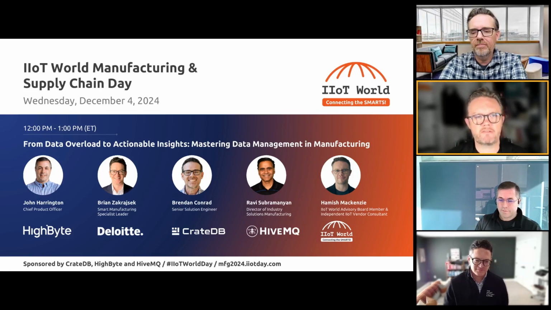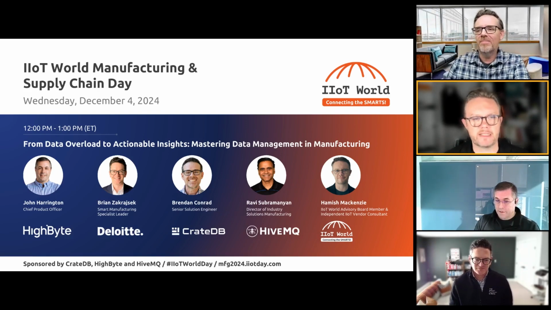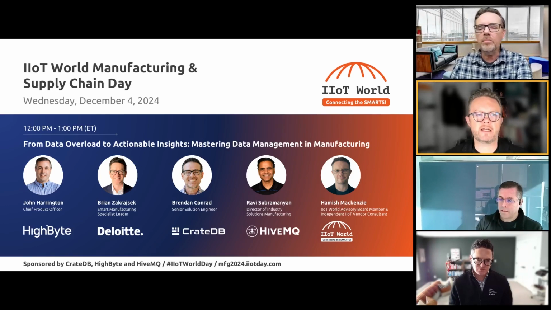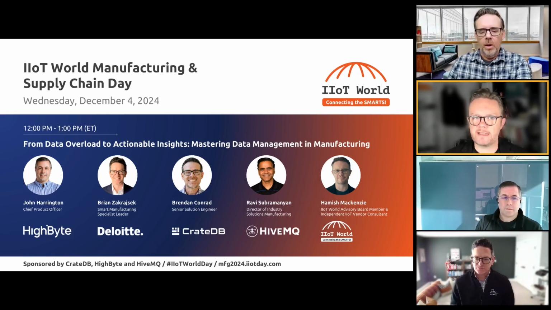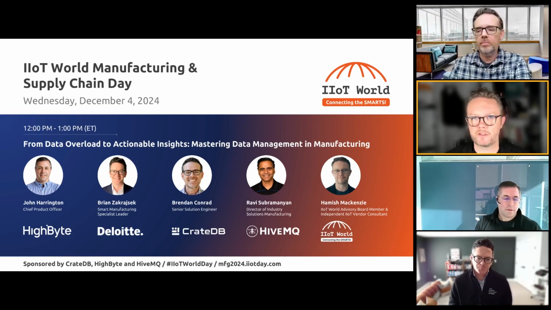Next, we have Ravi. Has Ravi made it yet? I know he's in travel, but if he's not here yet, he will be here shortly. He is Director of Industry Solutions Manufacturing at HiveMQ. He's a product management leader with extensive experience delivering high-quality products and services that have generated revenues and cost savings of over $10 billion for companies like Motorola, GE, Bosch, many others.